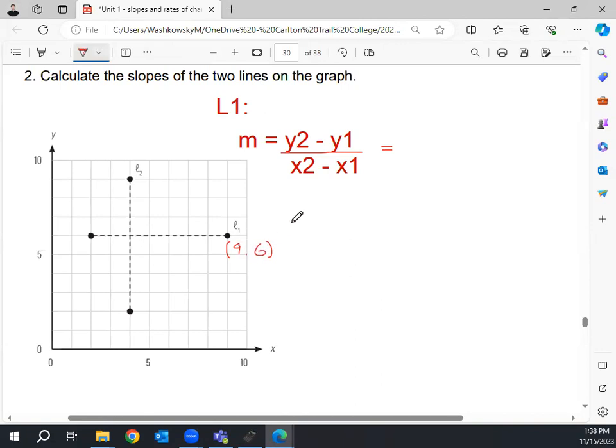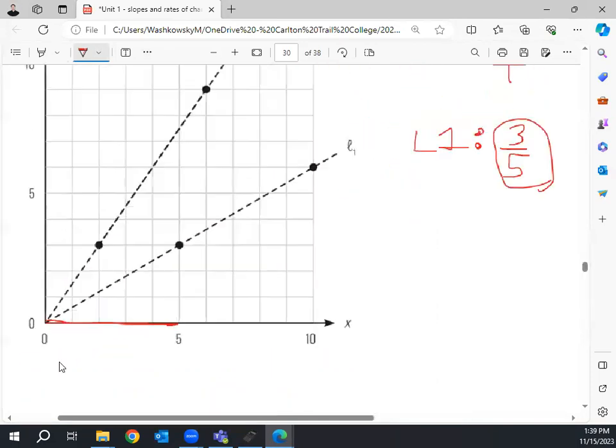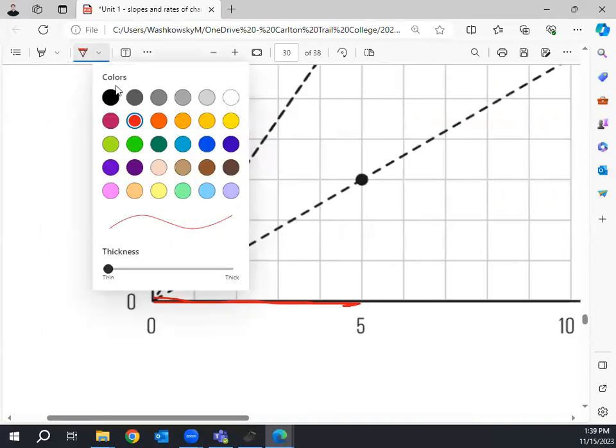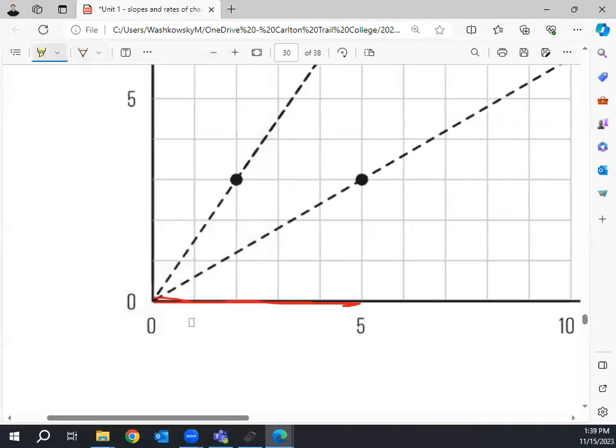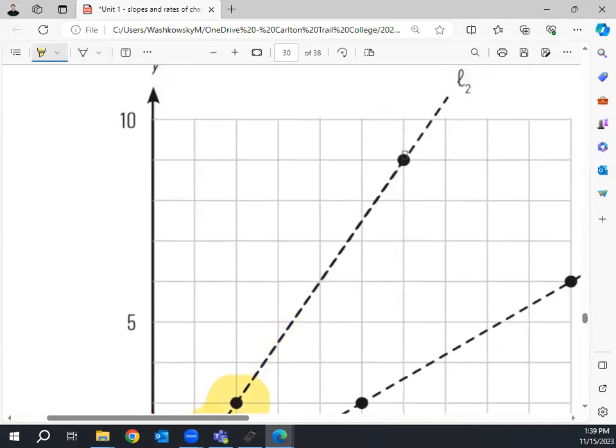Is x1 the one closest to 0? In most times, yes. There will be some weird situations where no. So what I always recommend is literally just follow the line, left to right, and identify this is the first point I see, and then keep going, this is the second point I see.